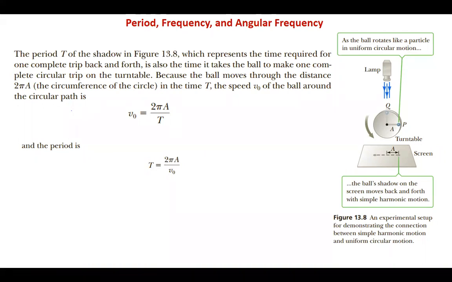So now imagine that the ball only moves from this point P to Q, a quarter of the whole circumference, a quarter of the whole revolution. The motion of the shadow is equivalent to the horizontal motion of the object.